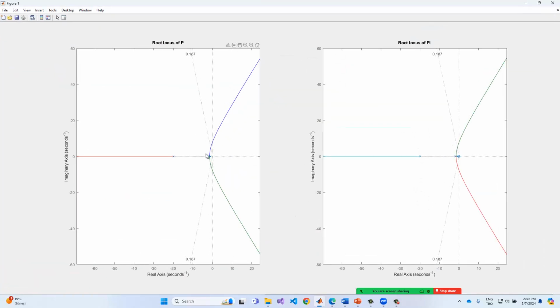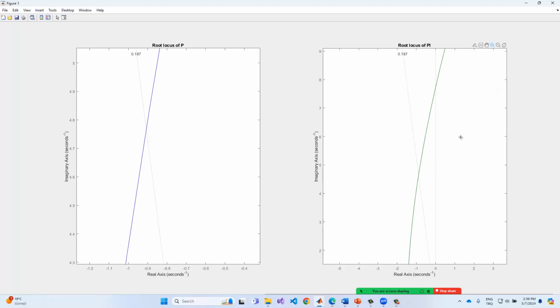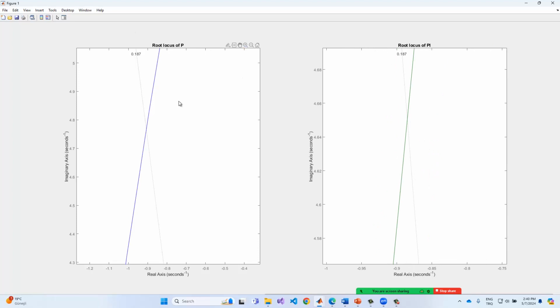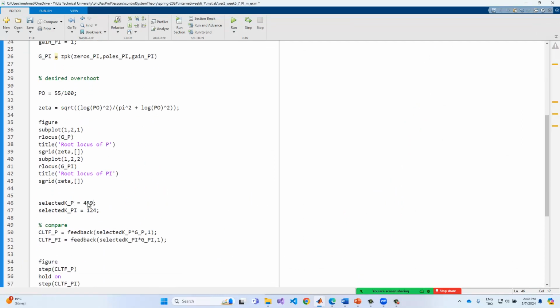But in this case we must examine the system in here for the intersection point of the 0.180 in here, and so we must choose the gain in here, 459 and also 439. This is the proportional coefficients. This is the PI coefficients in here.